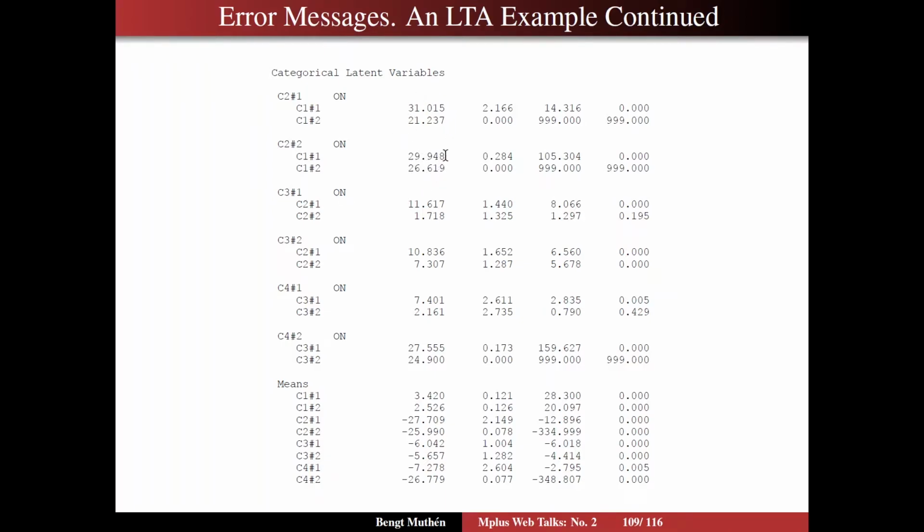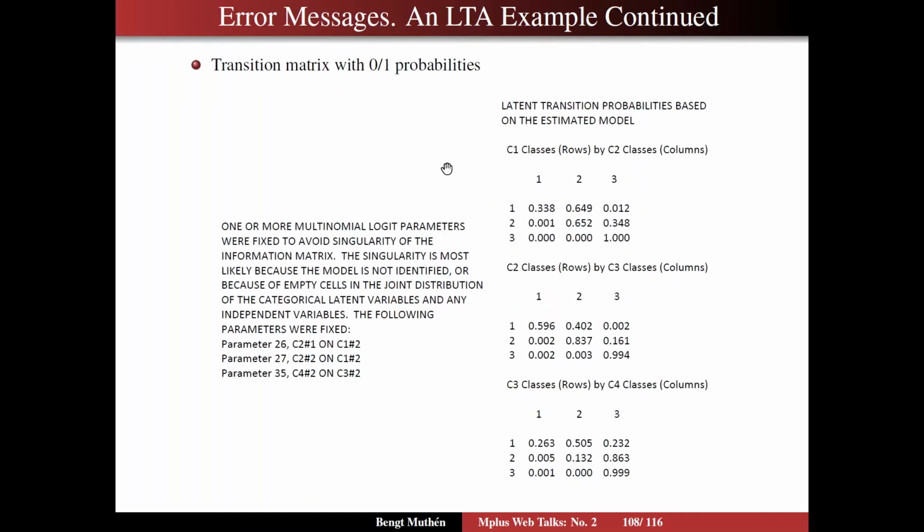So this is, for instance, C2 number 2 and C1 number 1. So C2 number 2, so minus 25.999 plus 26.619 is going to be slightly positive, and that then corresponds to these positive probabilities in the transition table.